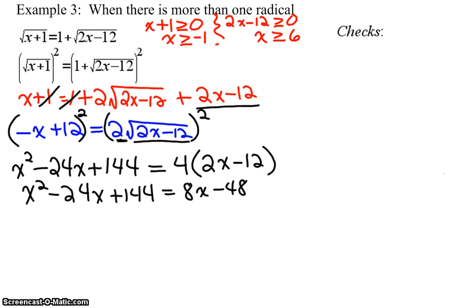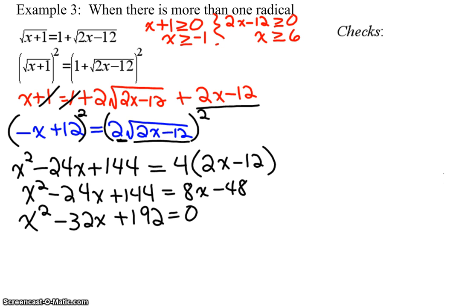Since I have a quadratic and a linear term, x squareds and x's, I need to get one side equal to 0. So subtracting 8x and adding 48 on both sides, I get x squared minus 32x plus 192 equals 0.